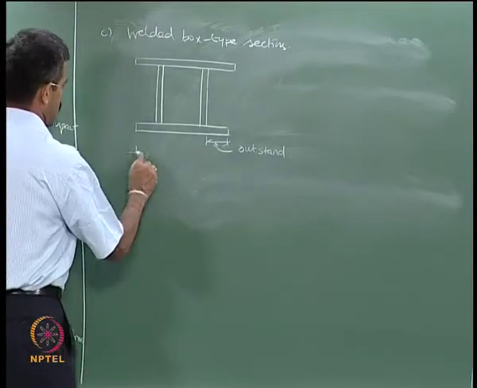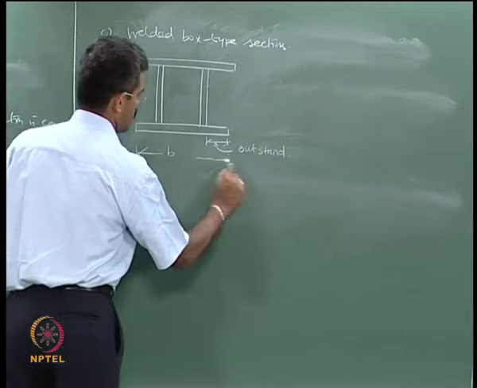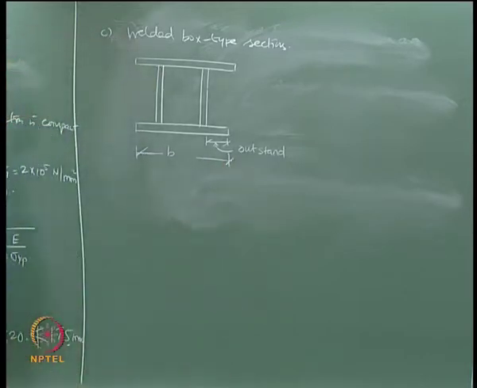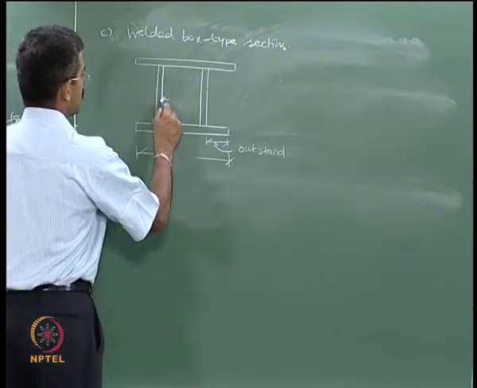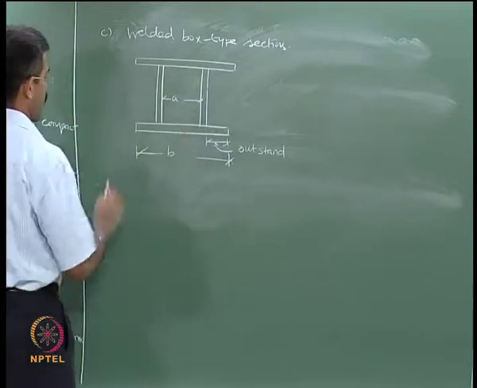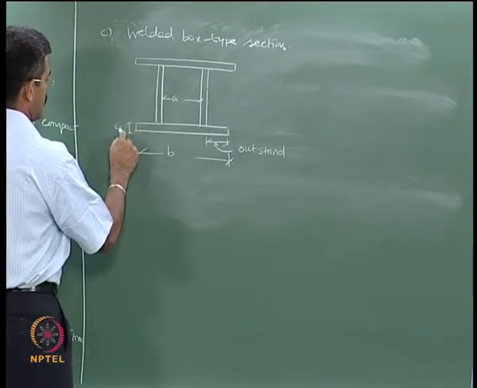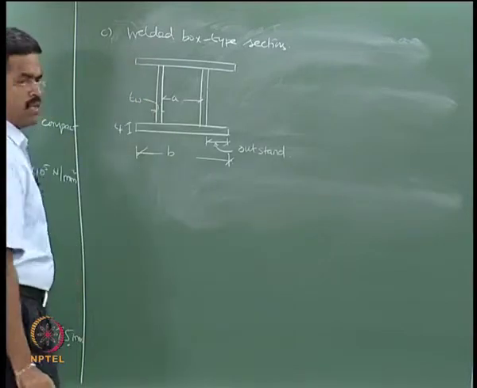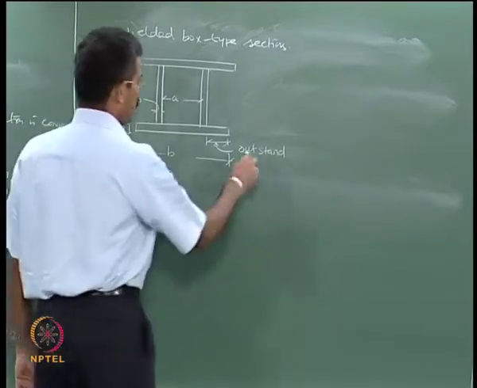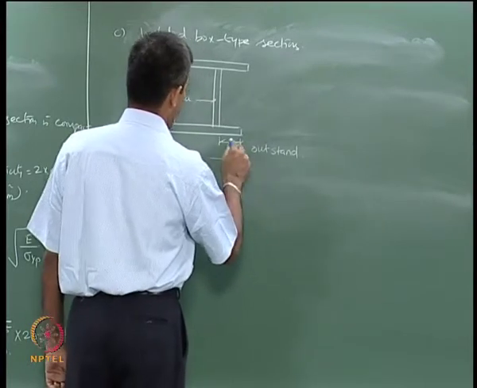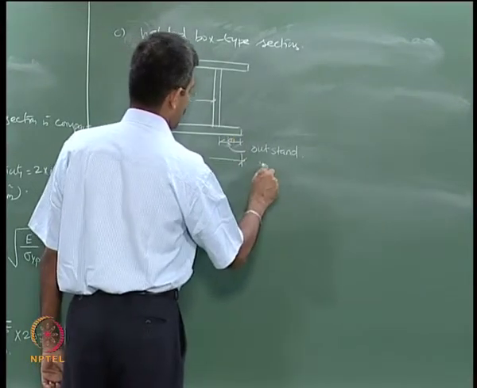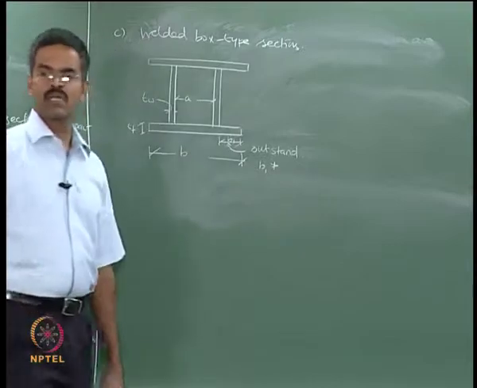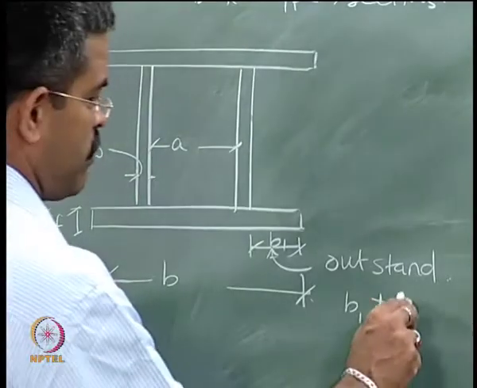Okay, let us say this is my breadth of the section, and this dimension is A, and this is the thickness of the flange, and this is the thickness of the web. Generally it is understood that the outstand, if I call this outstand B1, should not exceed 12 TF. Okay.